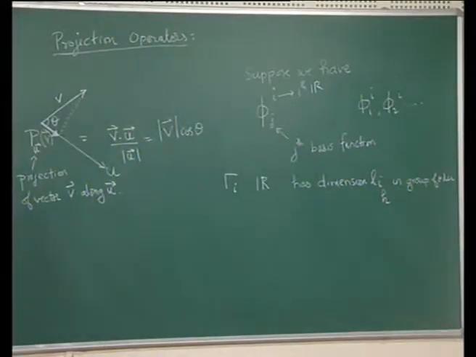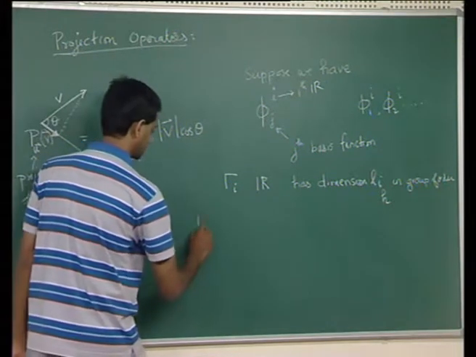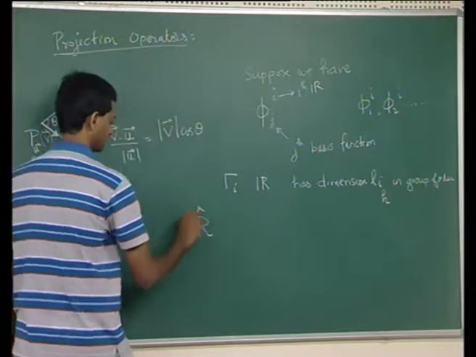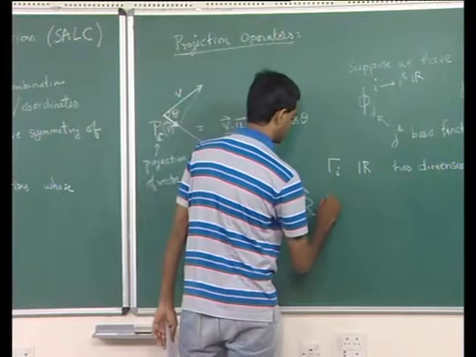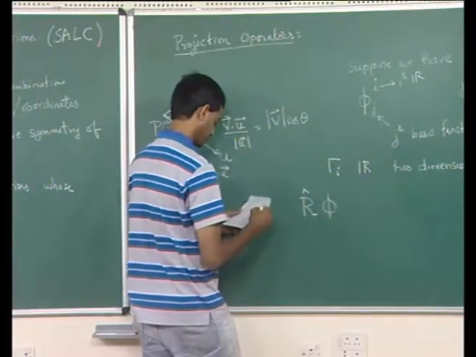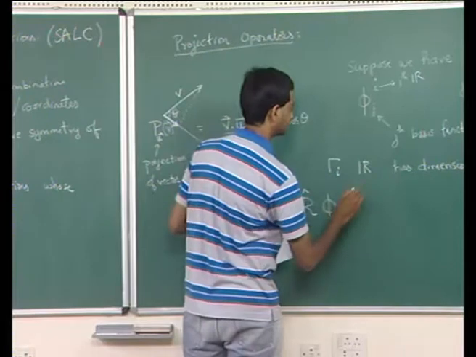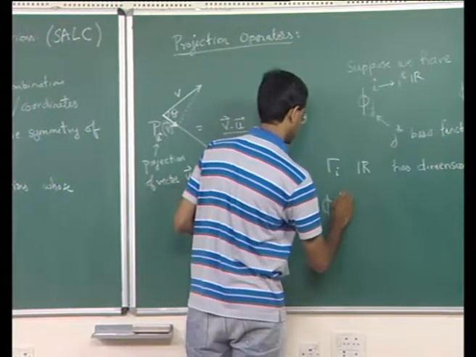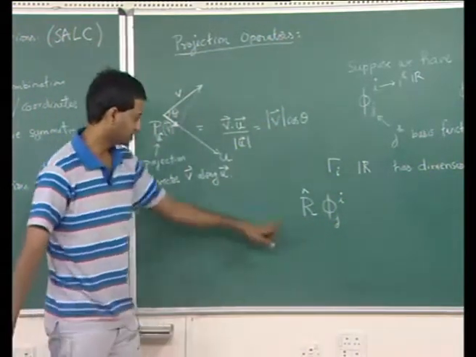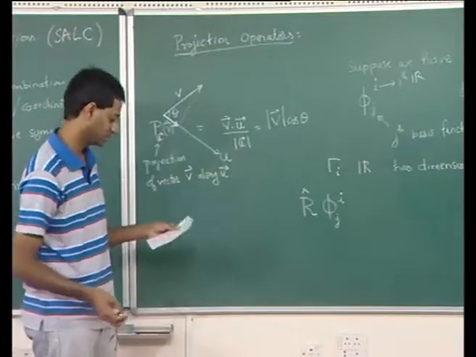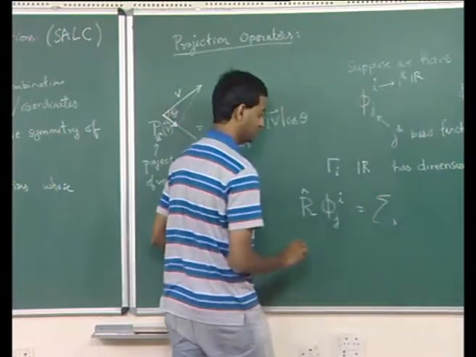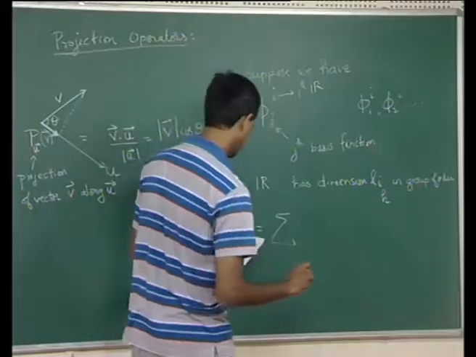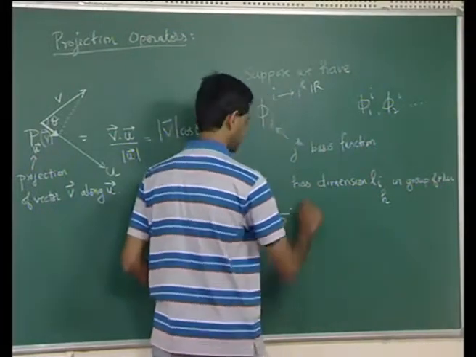Now, corresponding to a symmetry operation, we can write an operator operating on some arbitrary function. I'll just denote it by phi j I. So when a symmetry operator operates on some function, what you get is a linear combination of the basis functions.